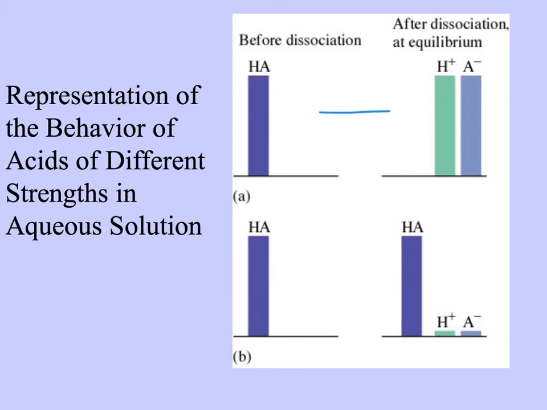According to the bar graph here, notice the height of the bars. They are all the same. So this is representing a strong acid, showing you that it completely separates into ions 100%. So notice here, I drew a single-headed arrow to represent that. Okay? So let's write, this is strong.